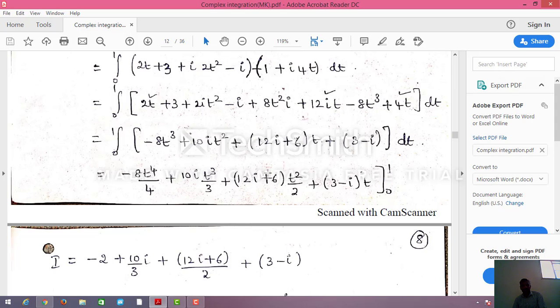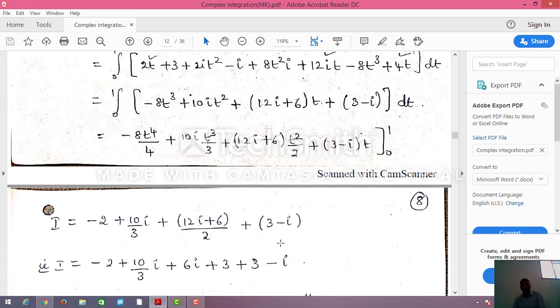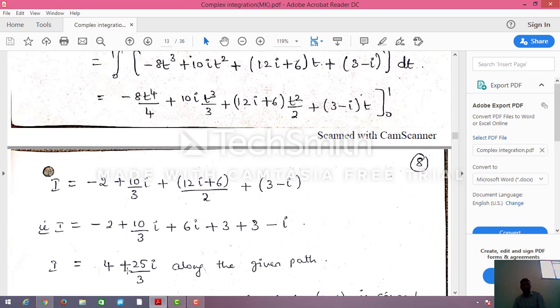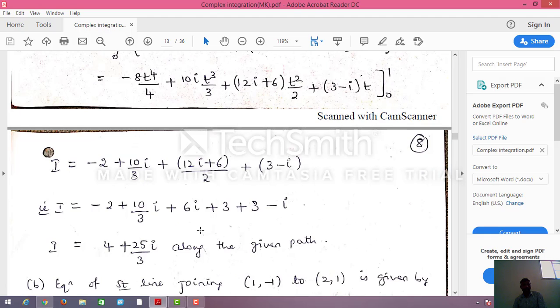Next, 12i plus 6 divided by 2, plus 3 minus i. Now minus 2 plus 10 by 3 i. This one is 12i by 2 is 6i, 6 by 2 is 3, plus 3 minus i. We simplify this and get 4 plus 25 by 3 i along the given path.